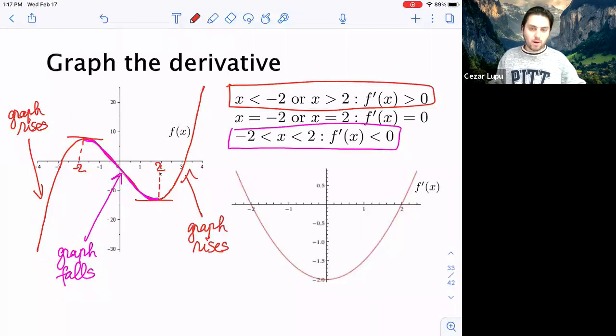All right, but now we have another situation. The graph flattens at 2 points, at -2 and 2. So this means that the derivative will be 0 there. Let me denote this by another color.